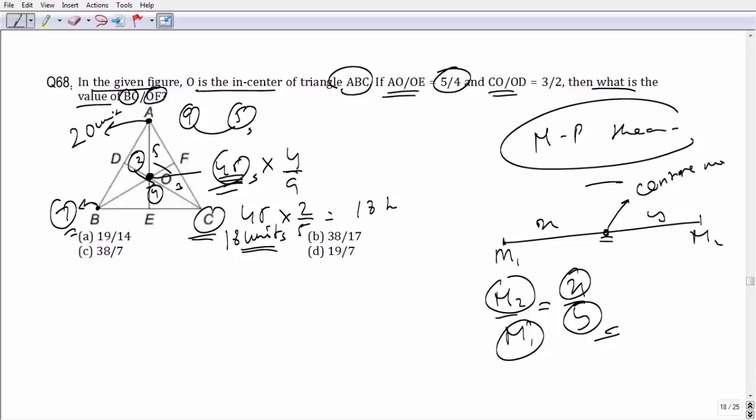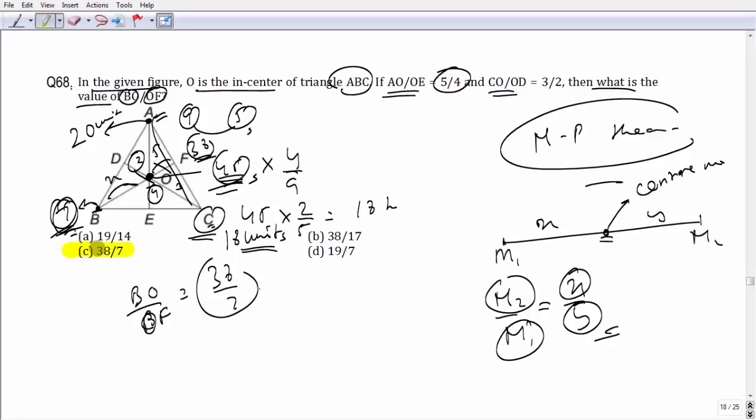And if we consider point B as one of the masses, for the other end the mass would be the sum of point A and point C, that is 38 units. With this, the ratio between BO and OF would be 38 is to 7, which leaves behind option number C as your answer.